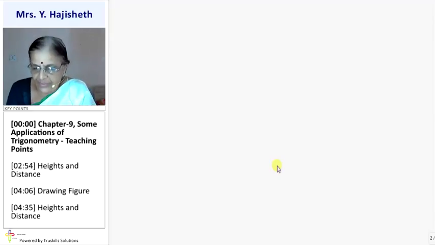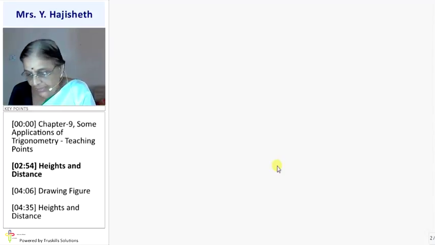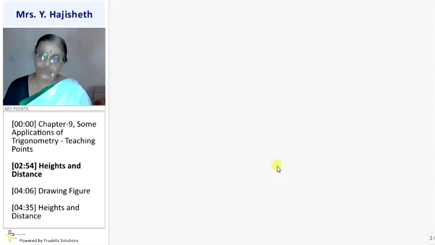Now see, in semester 1, we have studied about trigonometric ratios. In this chapter, you will see how trigonometry is used for finding the height and the distance of various objects without actually measuring them. Suppose you want to find out the distance from one object to another without measuring it. With the help of trigonometry, you can find out the distance between 2 objects.